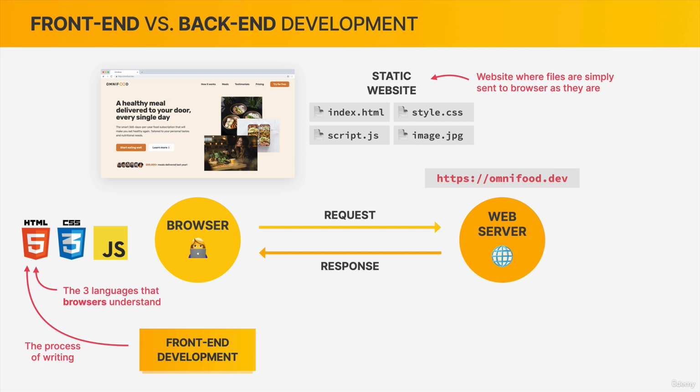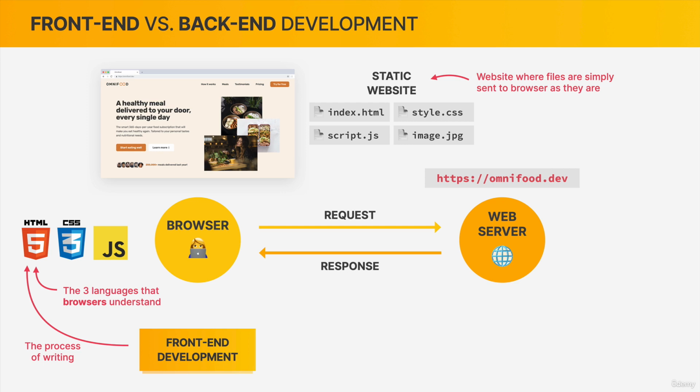But for now, just keep in mind that a static website is basically a website where the files are simply sent from the server to the browser as they are, so without any transformations. All right? So I hope that from this, you learned what front-end development is, and also about the three core technologies that make up any website.